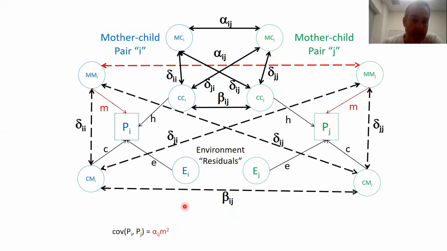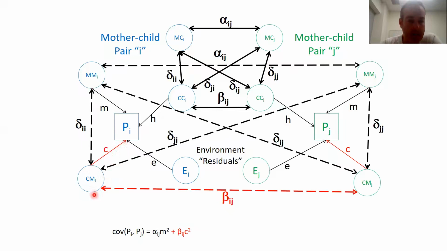So here's one that goes through the maternal genome. So this chain is M multiplied by alpha IJ multiplied by M. So we've got alpha IJ M squared. That's our first path. But as well as the maternal genome, we've got a path going through the children's genomes.